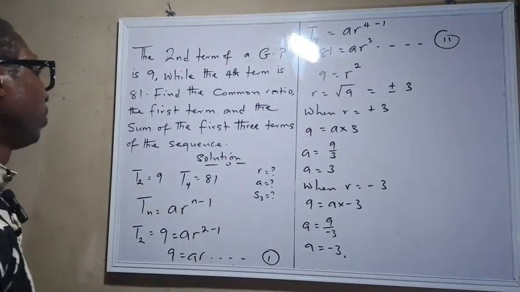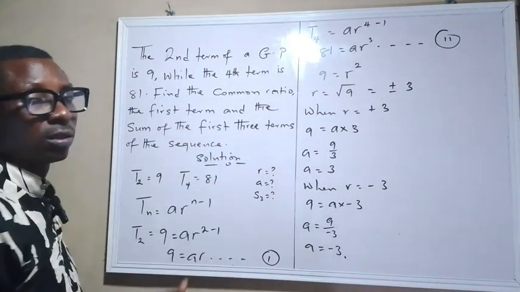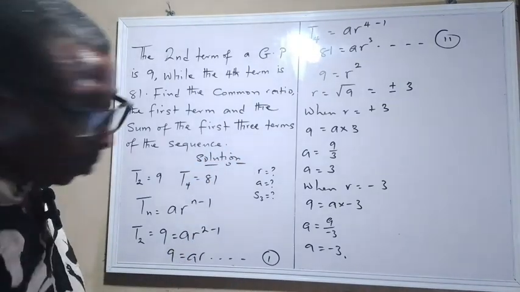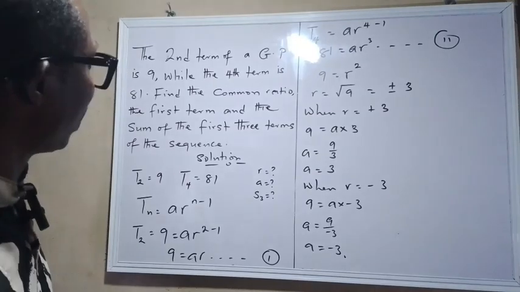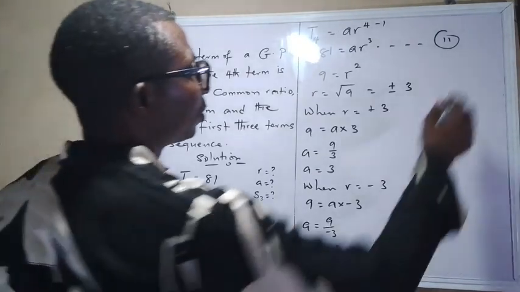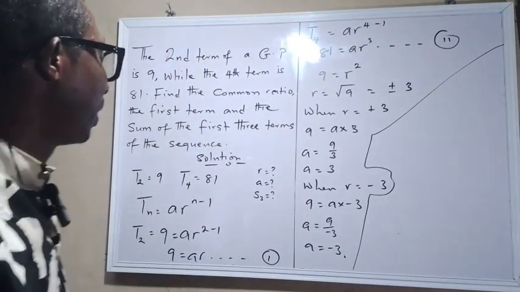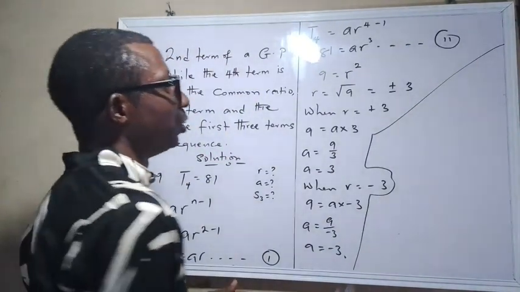Now, we have to find the sum of the first three terms. So we are going to be making use of the formula for finding the sum of the first n terms of the geometric progression.